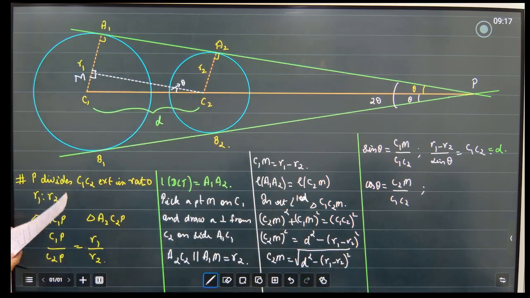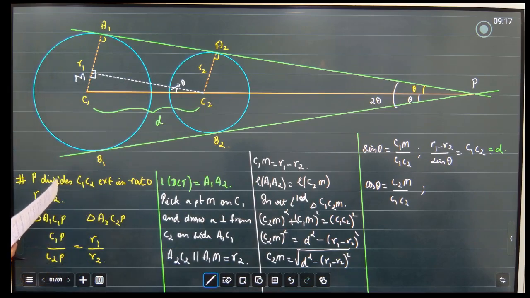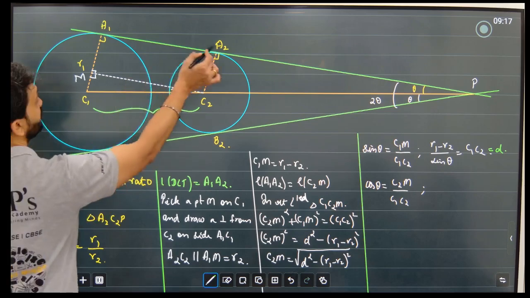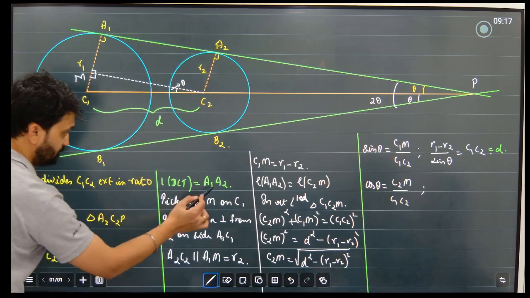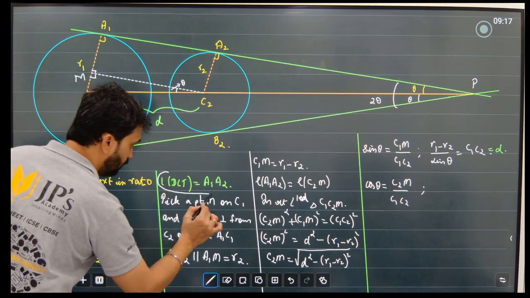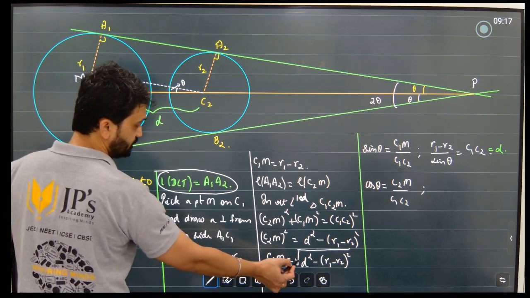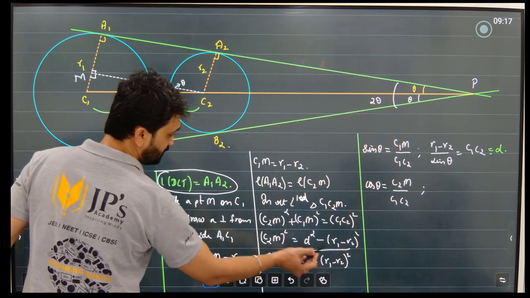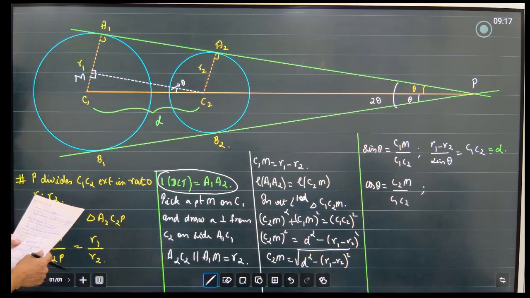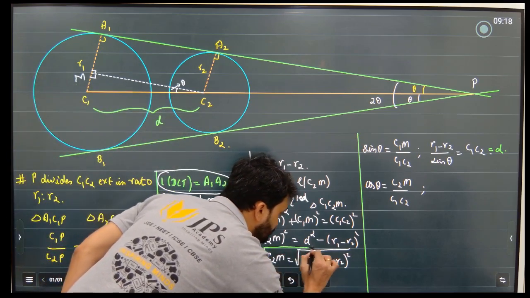This is C2M. C2M is nothing but A1 A2. And what is A1 A2? Length of direct common tangent. So the formula for direct common tangent is under root of distance between the centers minus difference between the radii the whole square. Have you guys understood this? Now this is your direct common tangent.